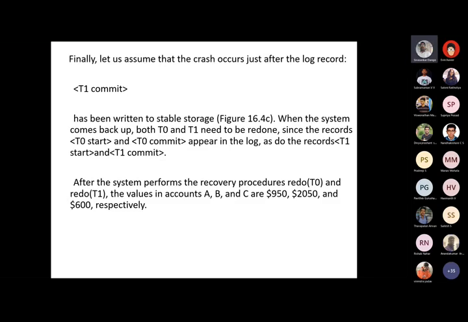So when the system comes for the backup operation, both the transactions T0 and T1 need to be redone, since the records T0 start and T0 commit appear in the log, and so do the records T1 start and T1 commit. After the system performs the recovery procedure, redo of T0 and redo of T1, the values in accounts A, B, and C are going to be $950, $2,050, and $600 respectively, right?